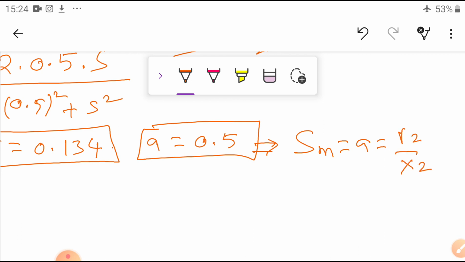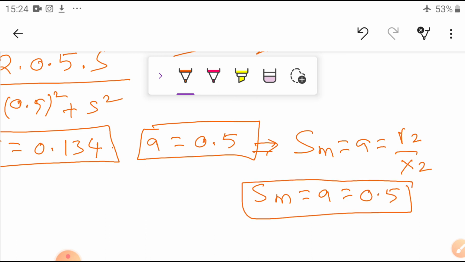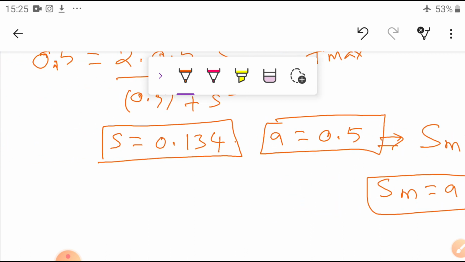So this I know, so Sm is equal to A is equal to 0.5. So from this one I am going to go to the maximum speed at which it occurred, and from this one I am going to get the N, the NR, the maximum.